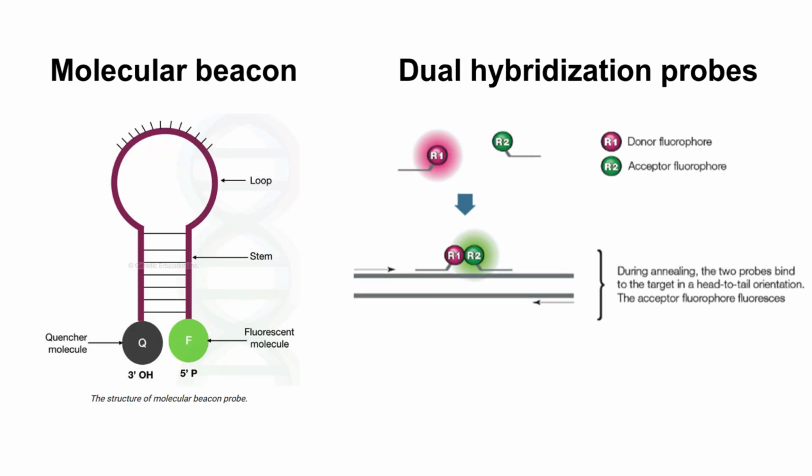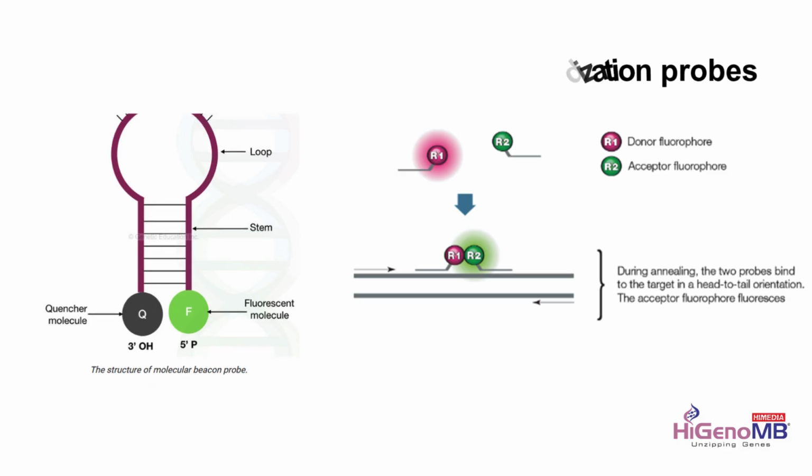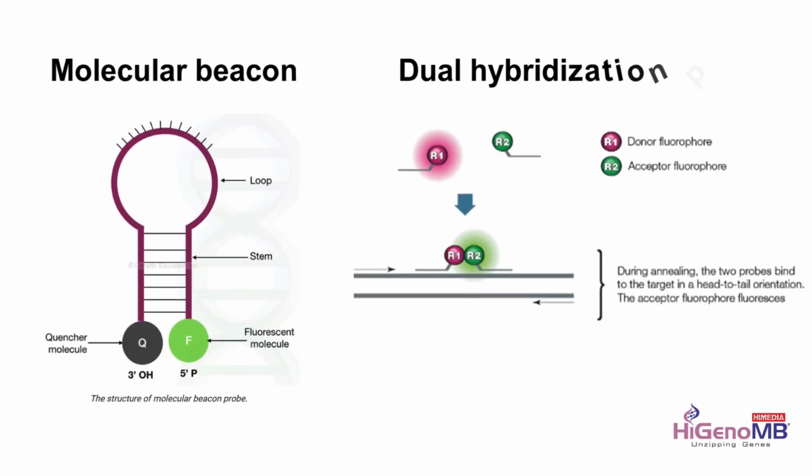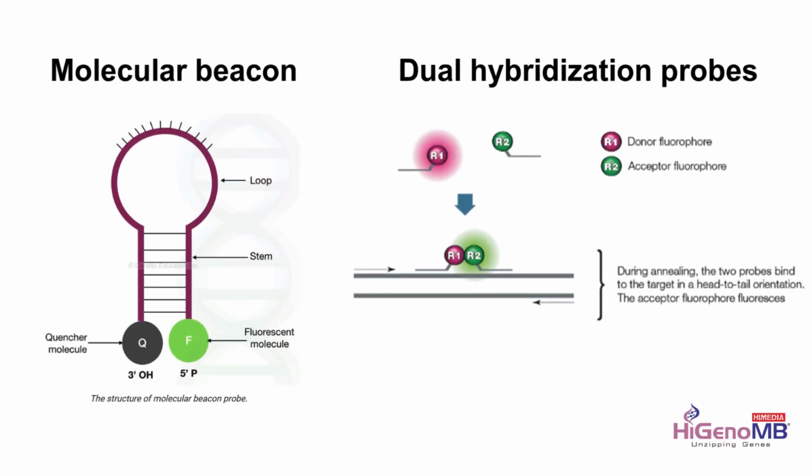So the next set of probes is called dual hybridization probes, where two probes are used: one probe has a donor fluorophore and another probe has an acceptor fluorophore. When they are in close proximity, the fluorescence emitted by the donor fluorophore will be accepted or quenched by the acceptor fluorophore.